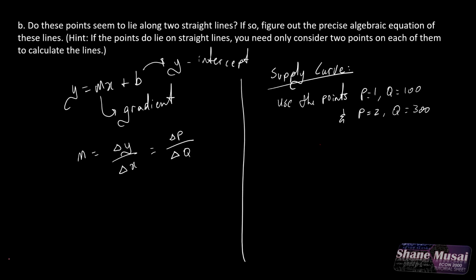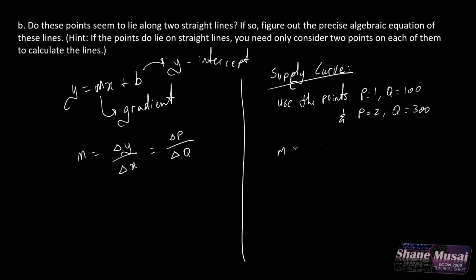Right, so now that we have these 2 points, we can calculate our gradient. m is essentially equal to p1 minus p0 all over q1 minus q0. I just put this formula here so that you can see how to calculate that change that we're talking about.